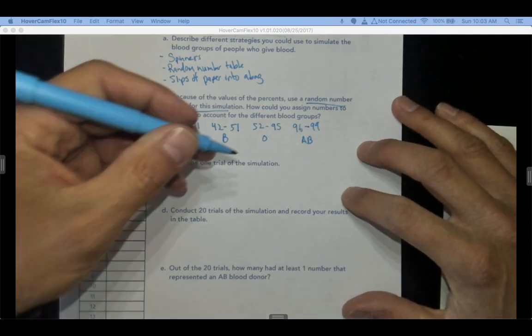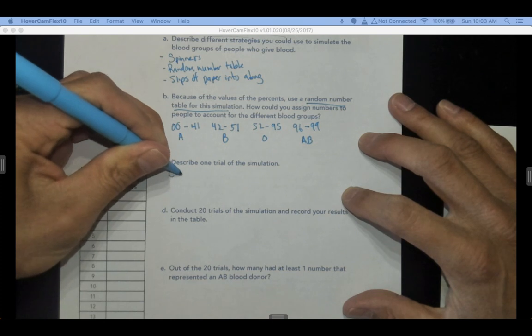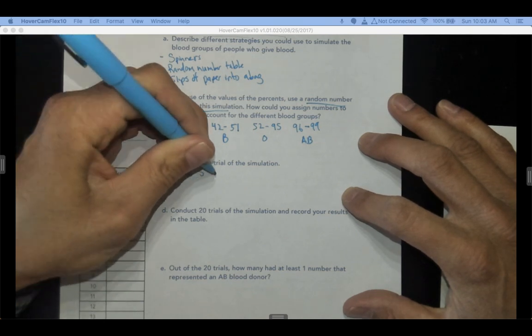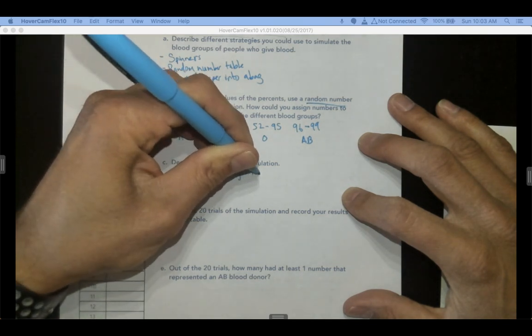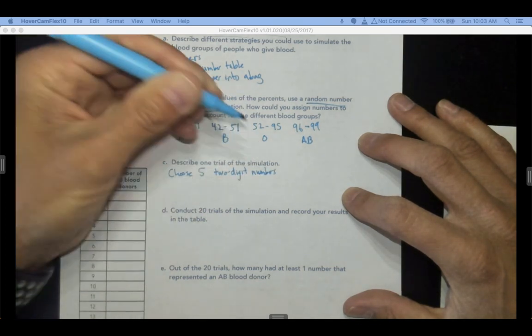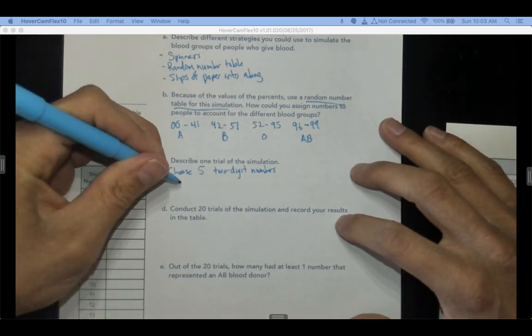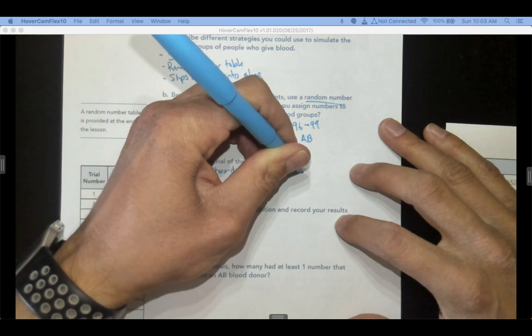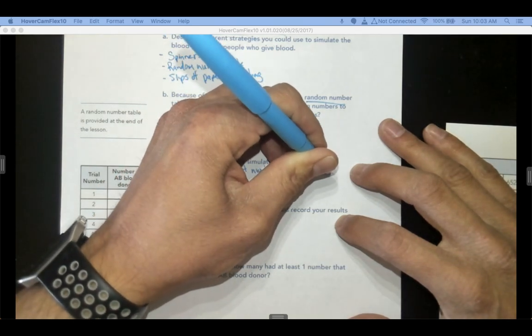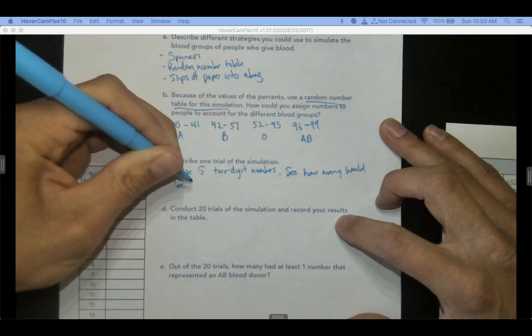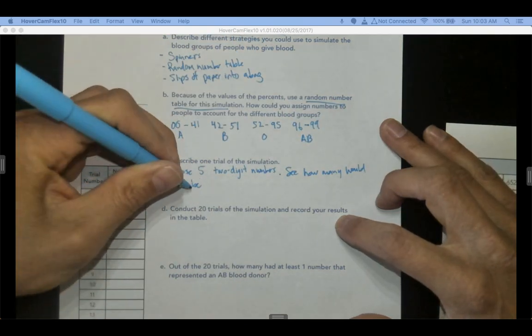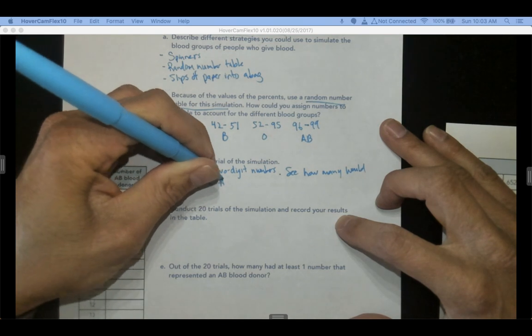Well, in one trial, I would choose 5 2-digit numbers, and then see how many would be in AB. Okay. All right.